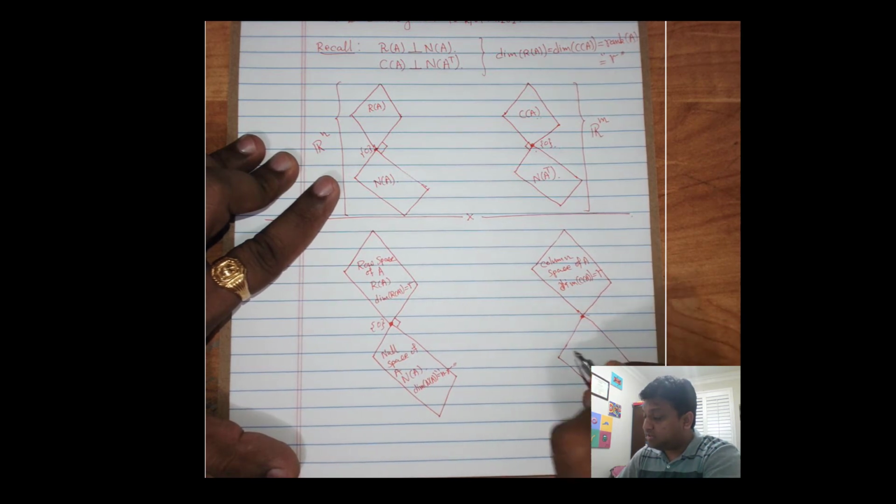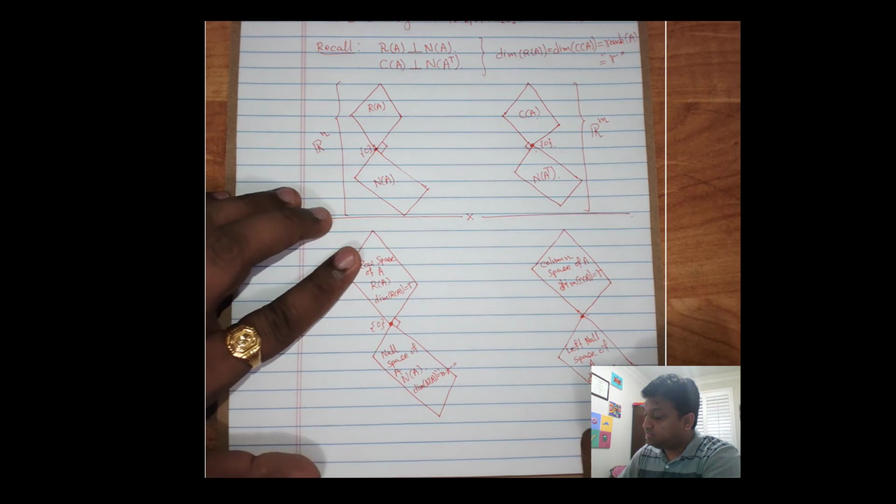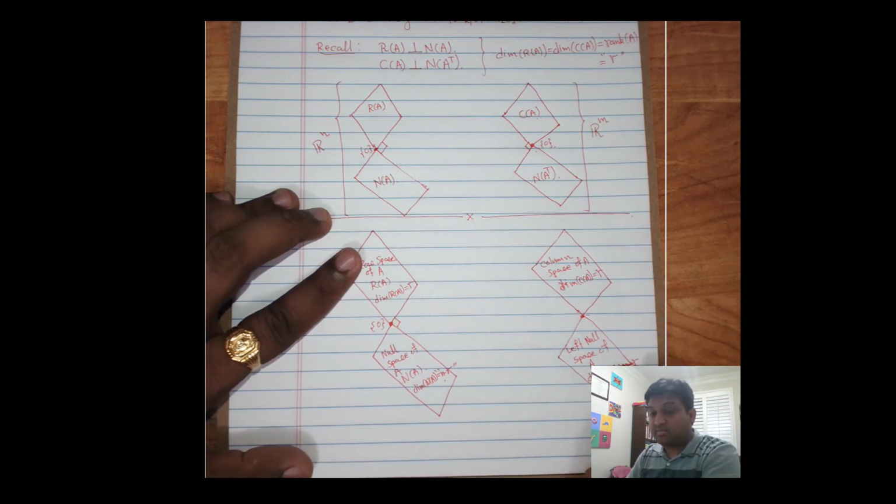This is the left null space. The dimension of the null space is n minus r, and the dimension of the left null space is m minus r.